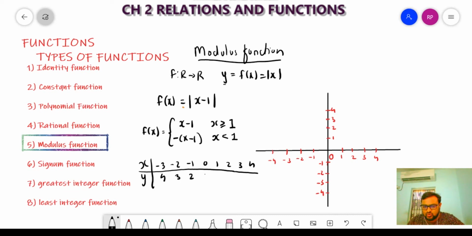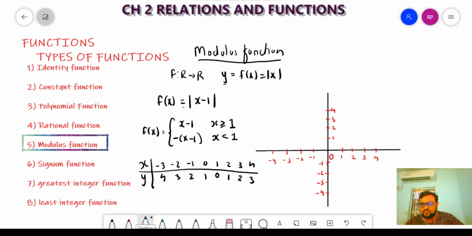Similarly plus 2, 1. When I take x equal to 1, then I need to use this formula. So 1 minus 1, 0, it will be 0. 2, 2 minus 1, 1. 3, 3 minus 1, 2. 4 minus 1, 3.